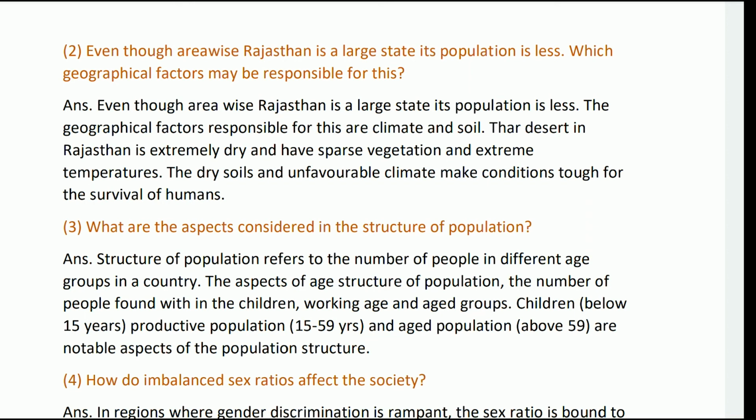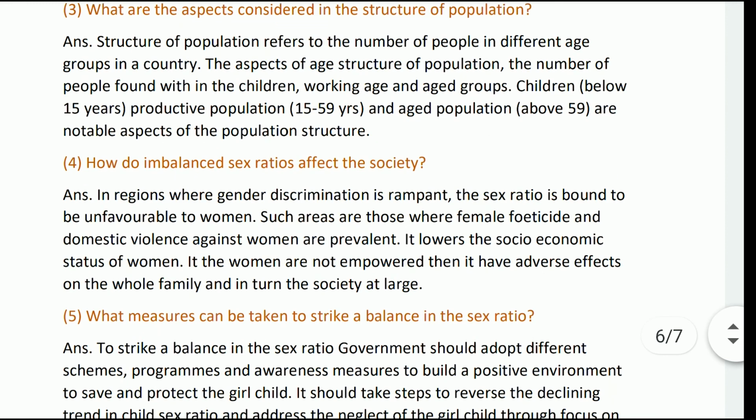The Thar desert in Rajasthan is extremely dry and has sparse vegetation and extreme temperatures. The dry soil and unfavorable climate make the conditions tough for the survival of humans.